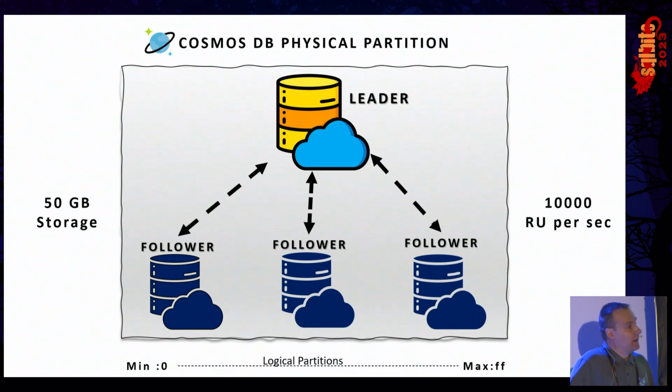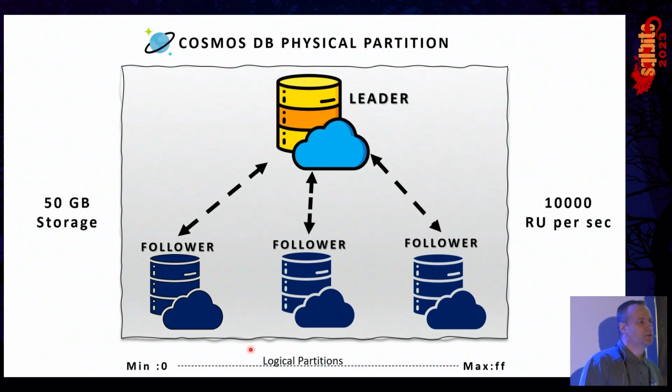So you might have only 30 gig data, but your web application maybe is very busy. So you might need more than 10,000 request units. That will trigger another physical partition for that. So you kind of need to know those 2 numbers. By knowing them and what you need, you can kind of guess how many physical partitions you are going to end up with. And in physical partitions, we are going to have logical partitions.